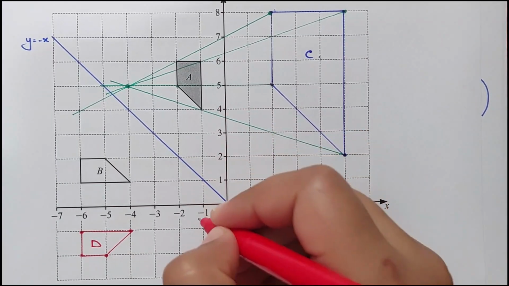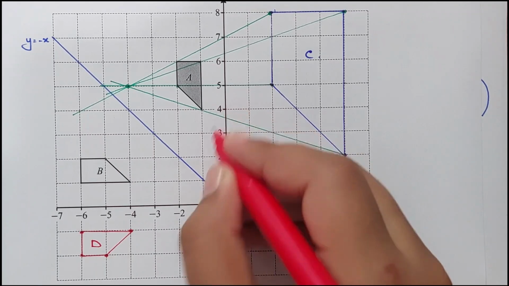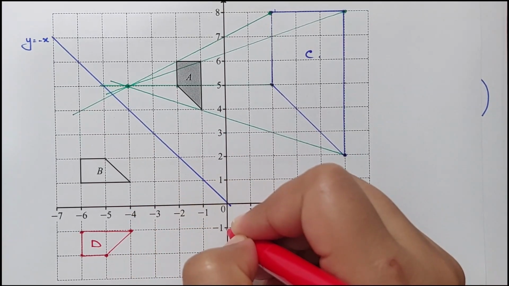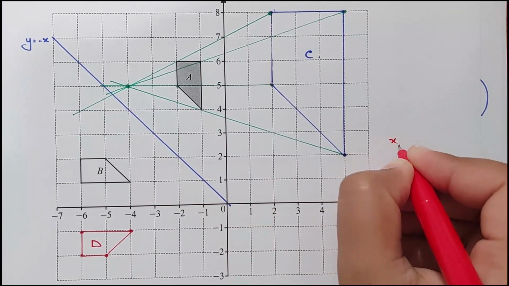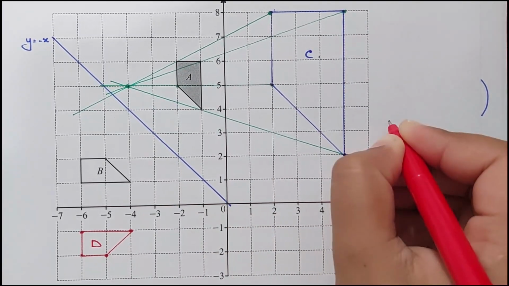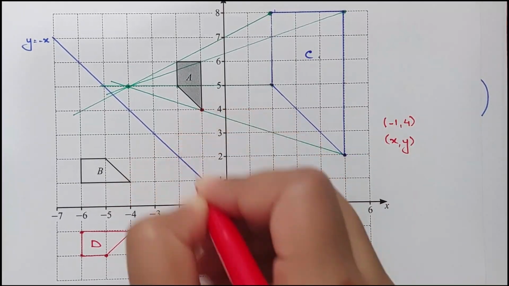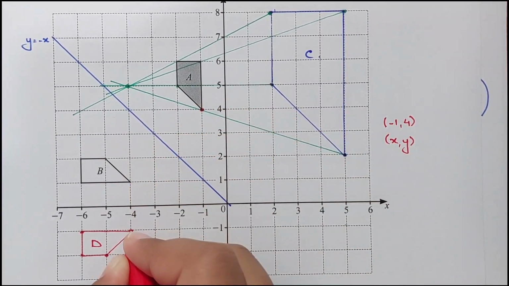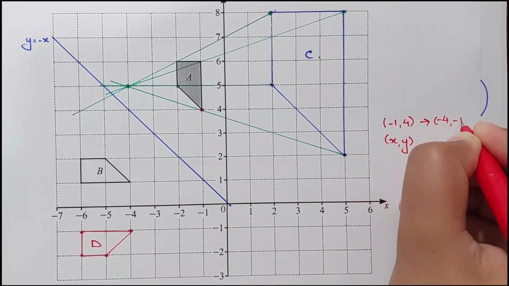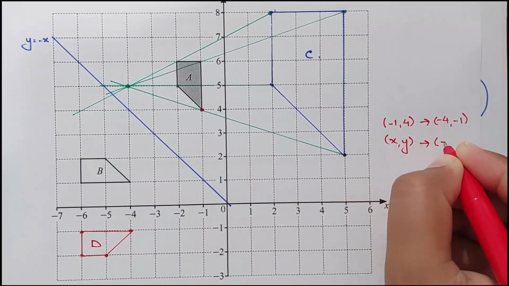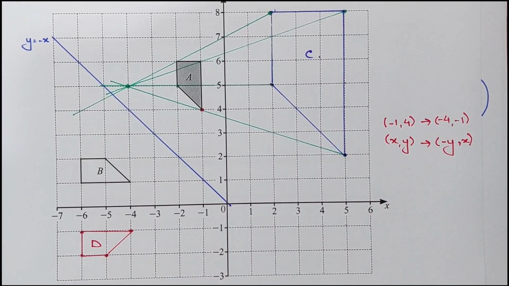For the center of rotation, as you can see, this point (-1, 4) changes to (-4, -1). X is -1, y is 4, and this is (-4, -1). It means (x, y) changes to (-y, x), so this is about the origin.